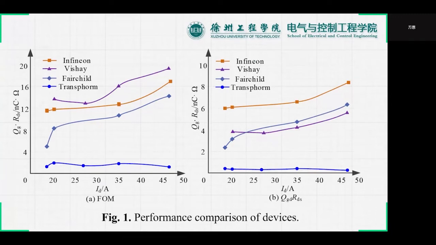The results show that Cascode GaN HEMT have better performance than silicon MOSFETs, and the higher the power level is, the more pronounced the advantage is.